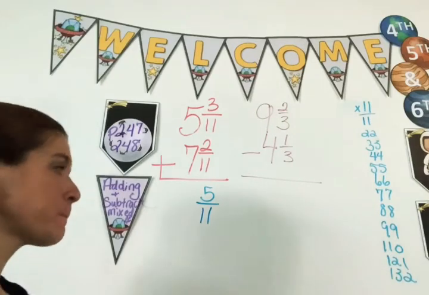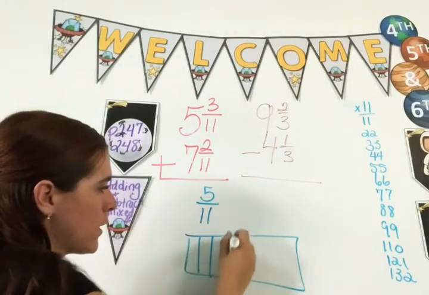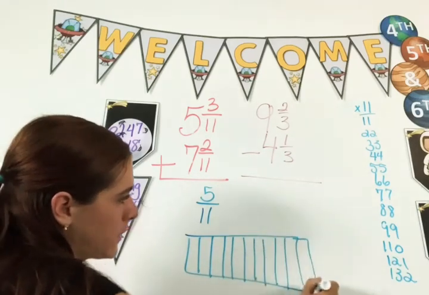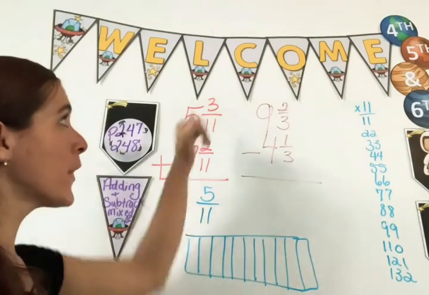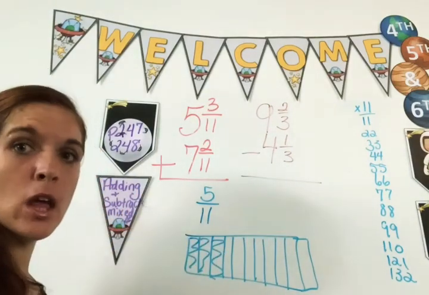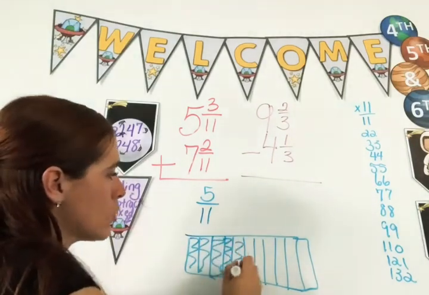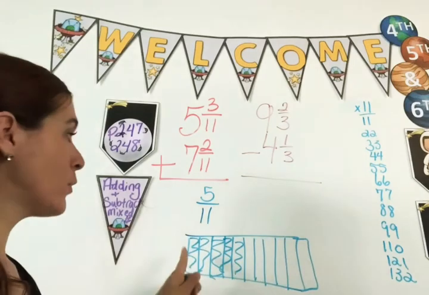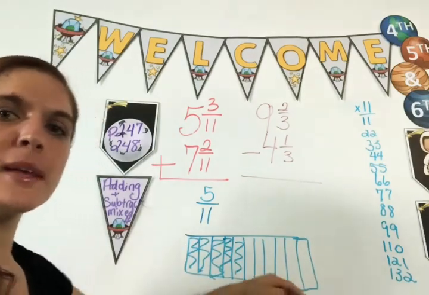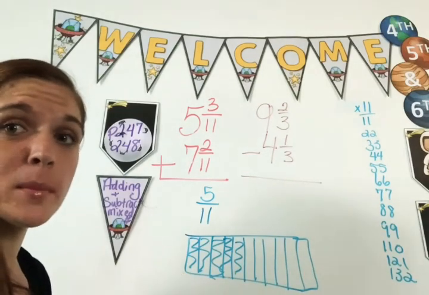Think about it. Let's make a square that has 11 pieces. 1, 2, 3, 4, 5, 6, 7, 8, 9, 10, 11. There we go. We're going to add 3/11. 1, 2, 3. We're going to add 2 more, 2/11. 1, 2. How many do you have? 1, 2, 3, 4, 5. But how many pieces did you have in the pizza or the sandwich?